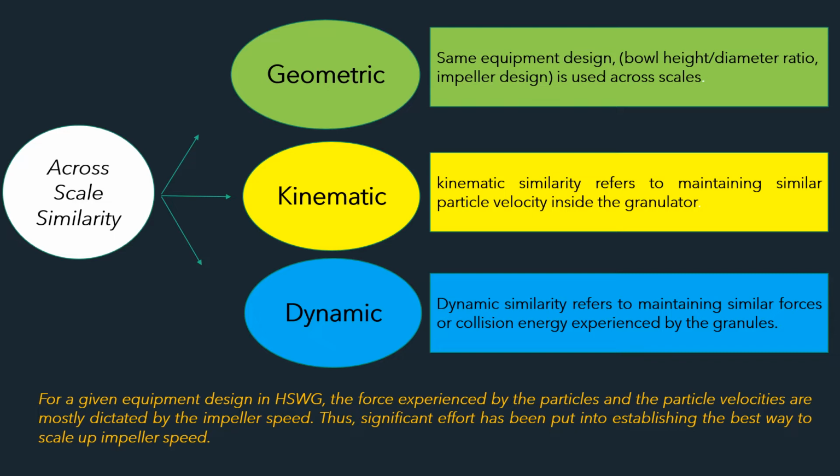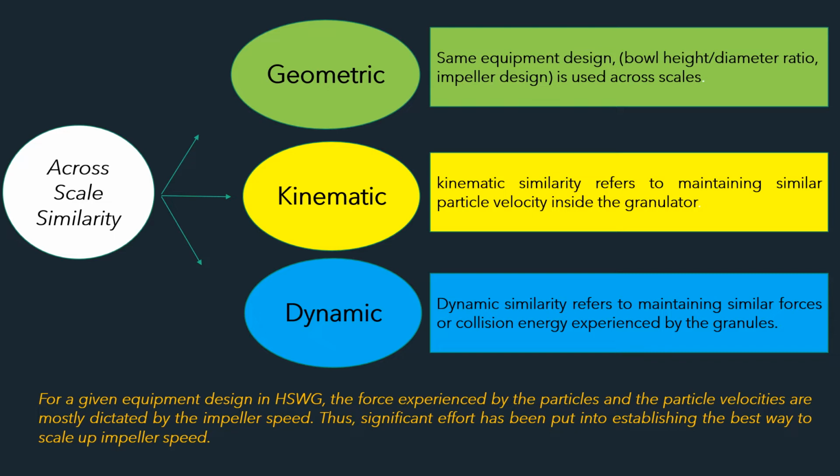The H by D ratio of your lab scale and the H by D ratio of your plant scale, if it is the same, then they are geometrically similar equipments, right? If they are geometrically similar equipment, then our scale up rule will be different. If they are not geometrically similar equipment, then our scale up approach will be different.